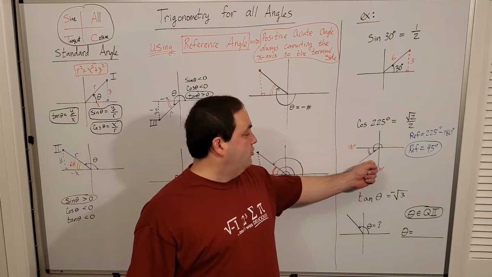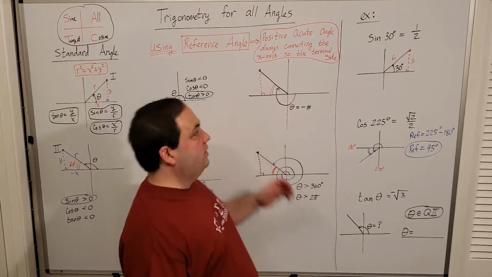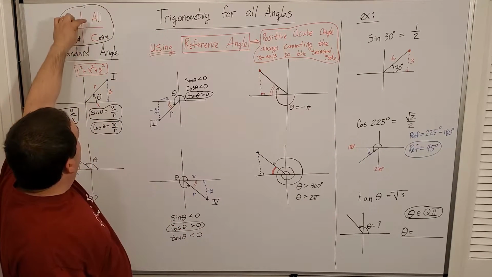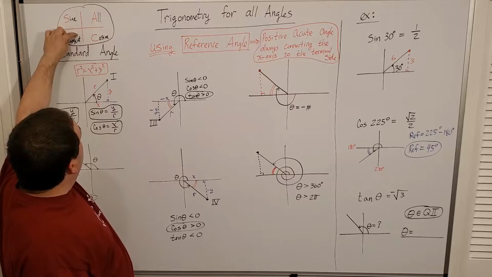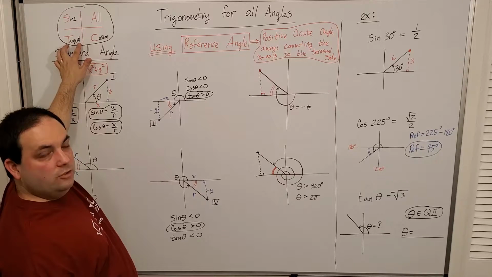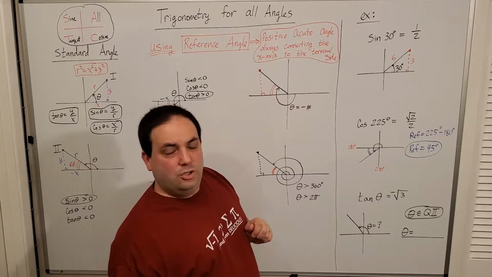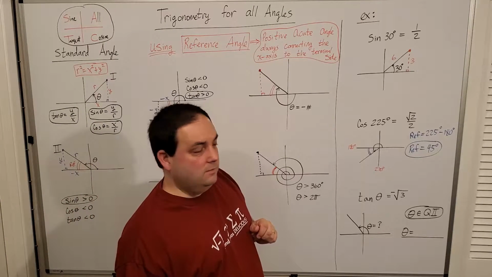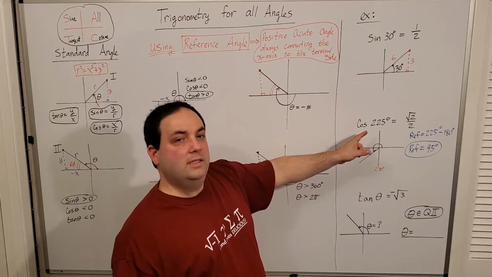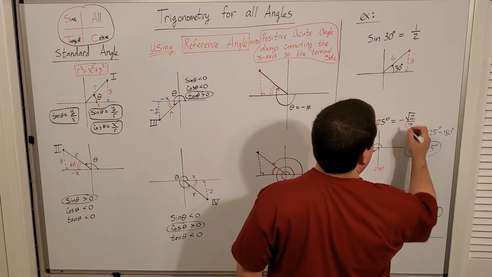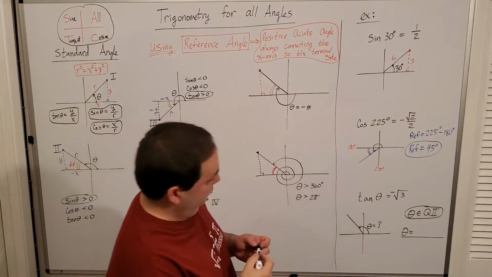We are in quadrant 3, and according to our little anagram here, all students take calculus, right? So I'm in quadrant 3, the tangent quadrant. That means only tangent should be positive from the 3 main ones. And I just did cosine, not tangent. So therefore this should be negative. Negative square root of 2 over 2.